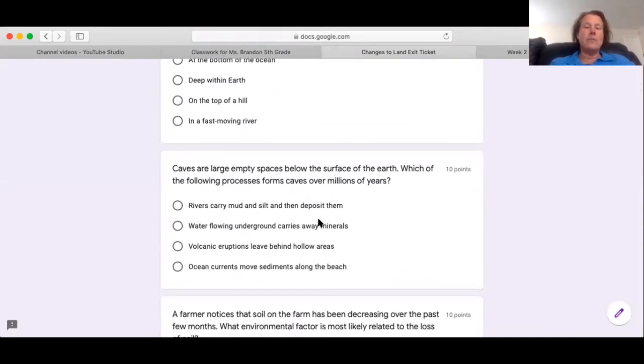Caves are large empty spaces below the surface of the earth. Which of the following processes form caves over millions of years? Rivers carry mud and silt and then deposit them. Water flowing underground carries away minerals. Volcanic eruptions leave behind hollow areas. Ocean currents move sediments along the beach.